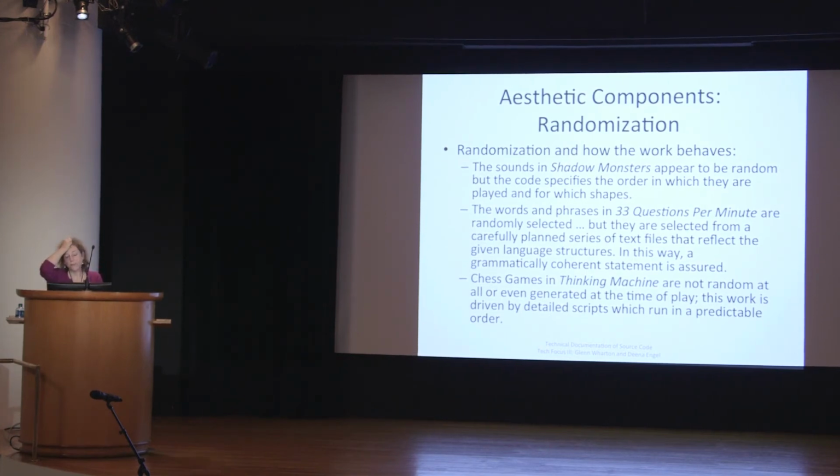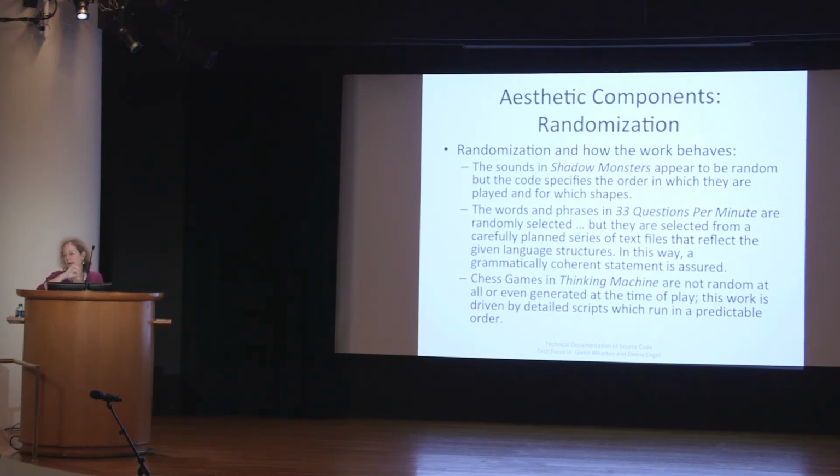The words and the phrases in 33 questions per minute are randomly selected, and what you get are sentences that are meaningless, but the software works very carefully with lists of words in similar categories, so lists of nouns or lists of verbs.